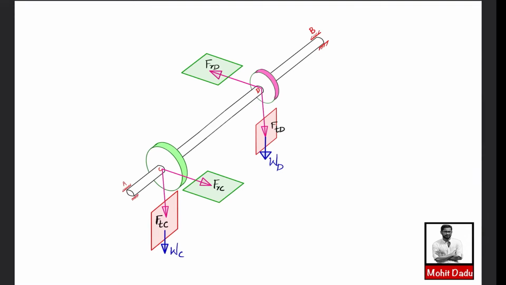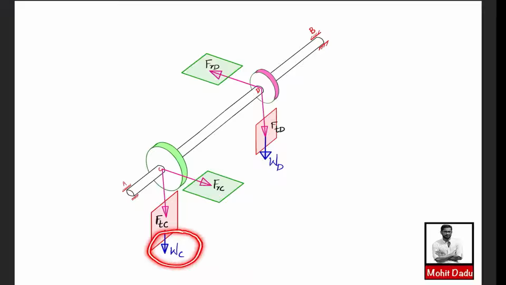So now we are having the different forces acting on these gears, and in which plane they are acting we can see in this figure. At location D, the force acting will be transferred to the shaft center where this shaft is to be designed. So FTC will be acting vertically downward, and we have seen the FRC is acting in a horizontal plane, towards the right in this figure.